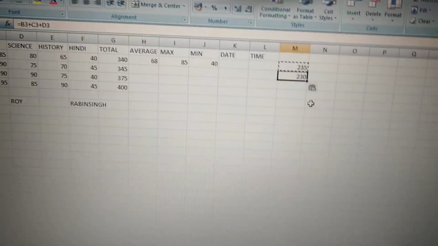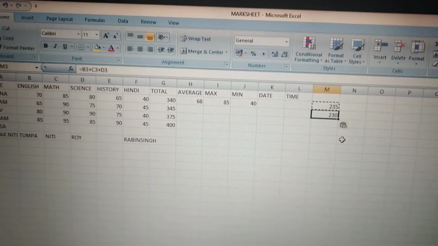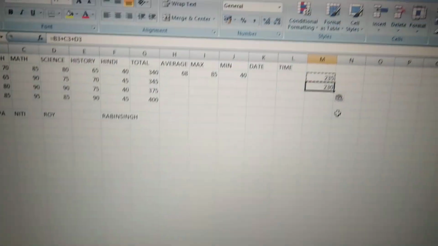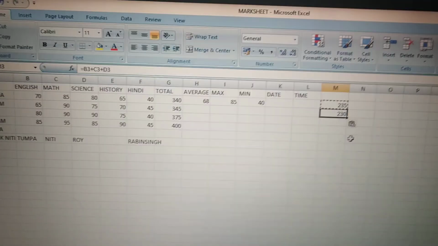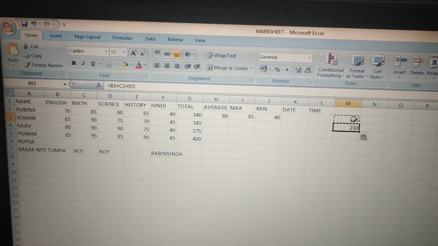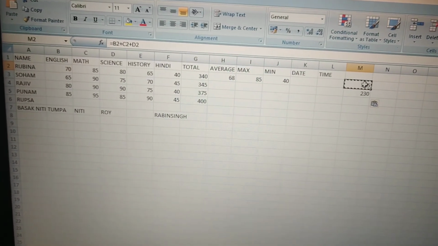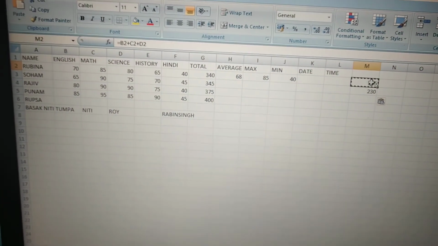But here we found 230. Why? Because when we copied 235, that cell reference is temporary. This is relative cell reference.